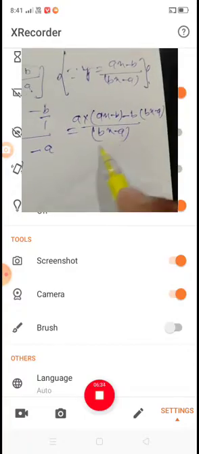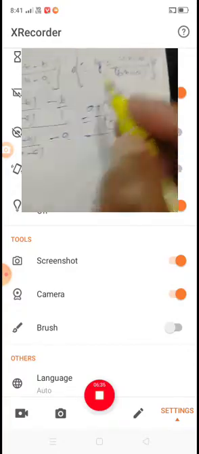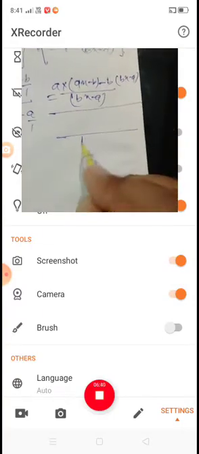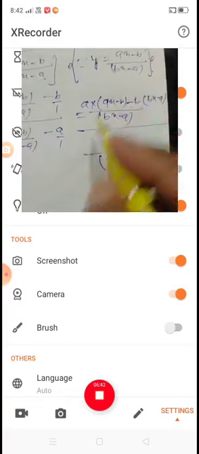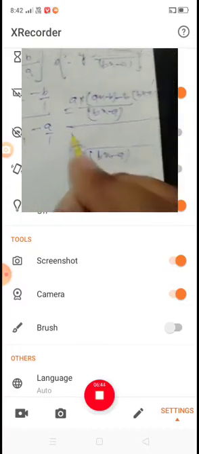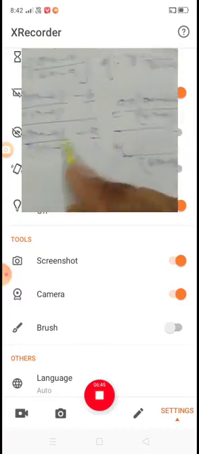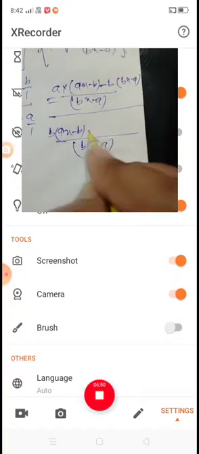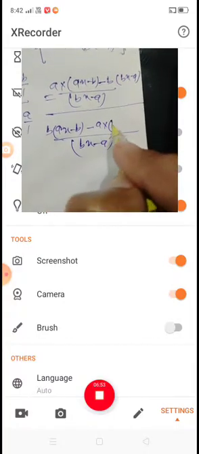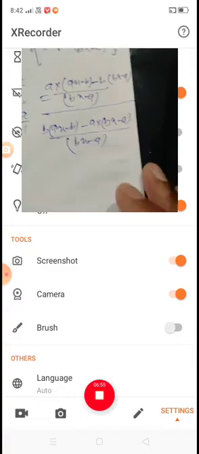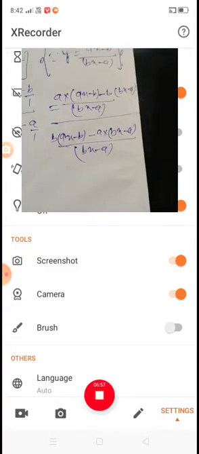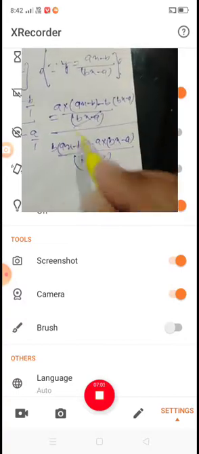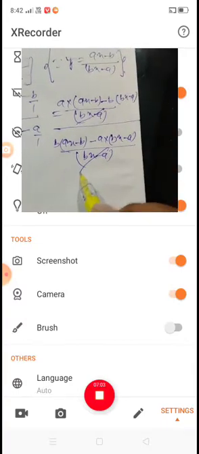In the denominator we also take LCM bx minus a, so in this way we have b into (ax minus b) minus a into (bx minus a). Now here bx minus a cancel each other.